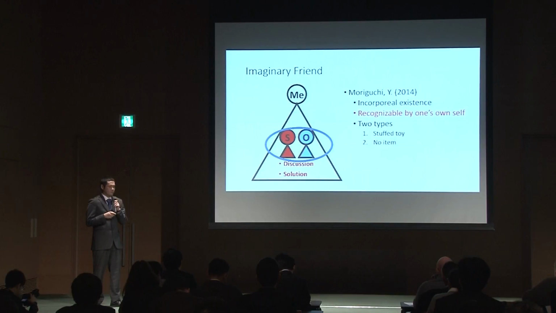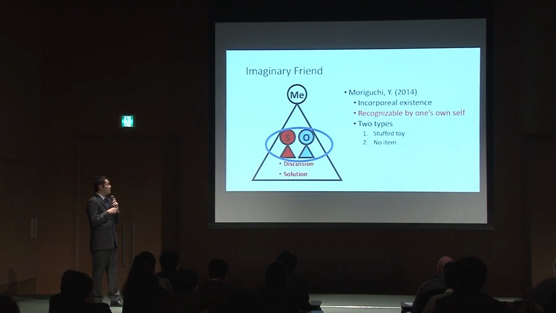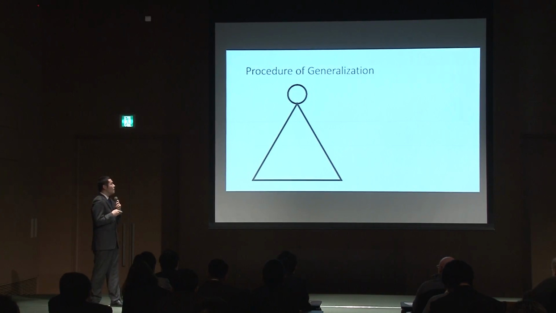According to Moriguchi, an associate professor at Joyce University, an imaginary friend is an incorporeal existence and it is recognizable to the one who has the imaginary friend. And there are two types of imaginary friend, to use a stuffed toy or to use no item to make the imaginary friend. Based on this concept, I build the flow of generalization of the Tom method.